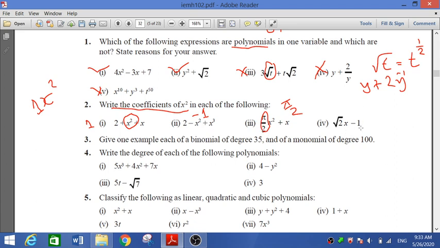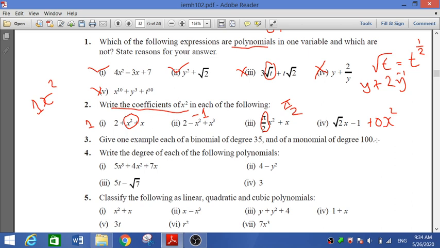But here there is no x square term. So we have to write 0 x square. So 0 is the coefficient of x square. So remember that when the coefficient of x square is not given, we have to write 0. I think it is too much easy.